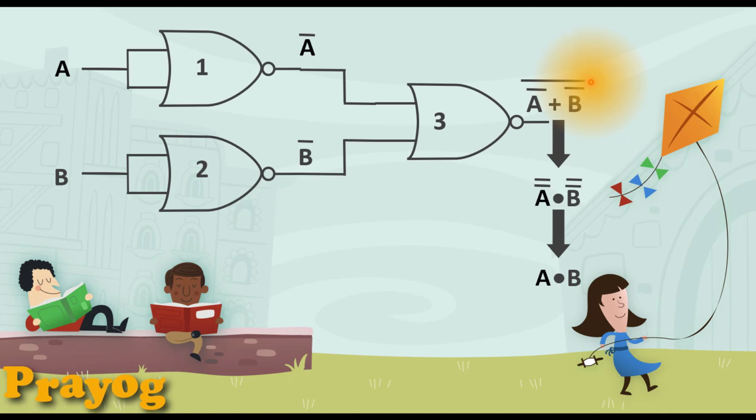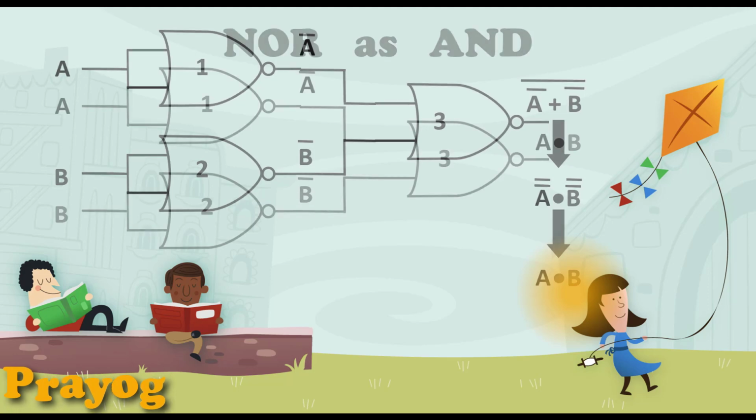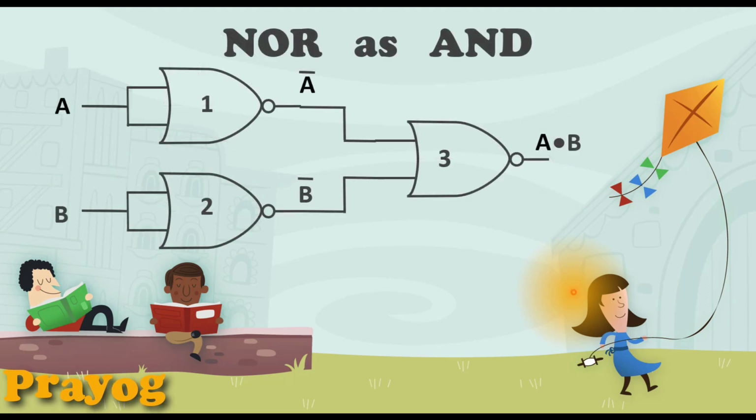Recall another Boolean theorem, X bar bar is equal to X, so that A bar bar becomes A and B bar bar becomes B, so that the final answer is A into B. This proves that NOR gate can be used to design AND gate, because A into B is the output of an AND gate. NOR is working as AND.